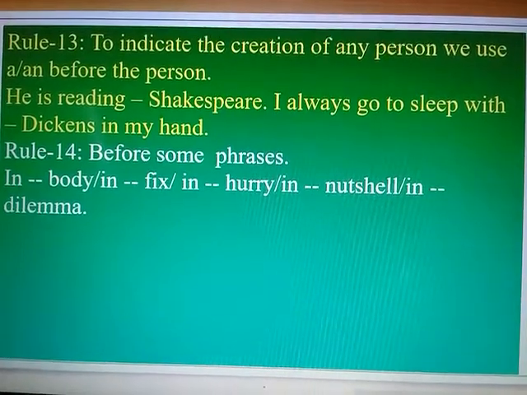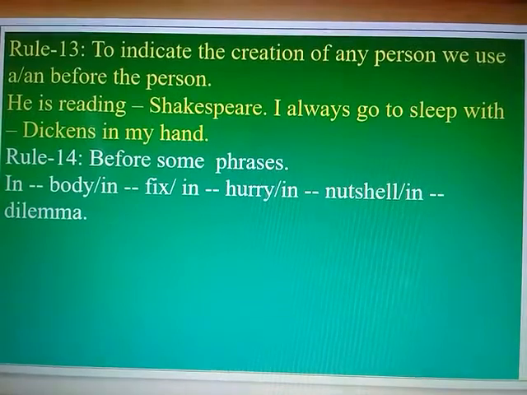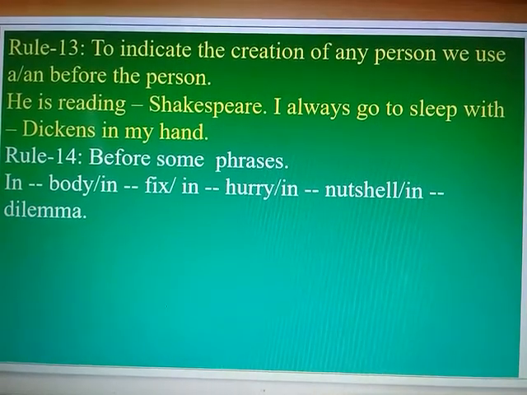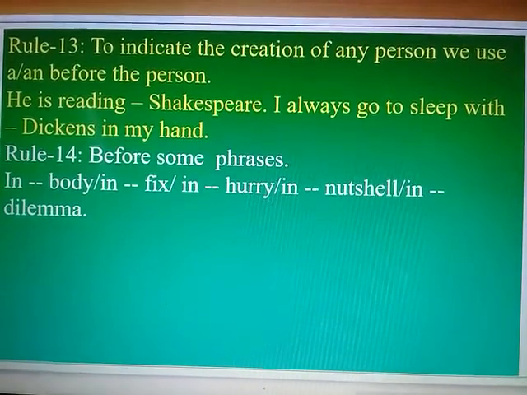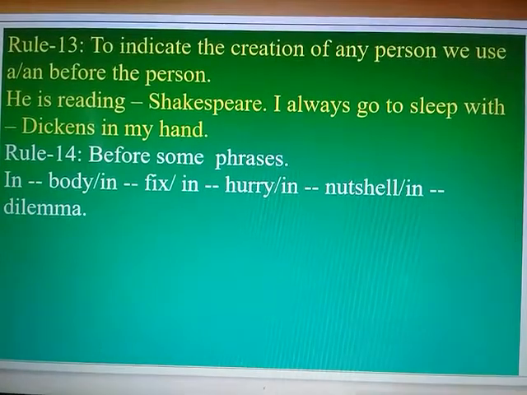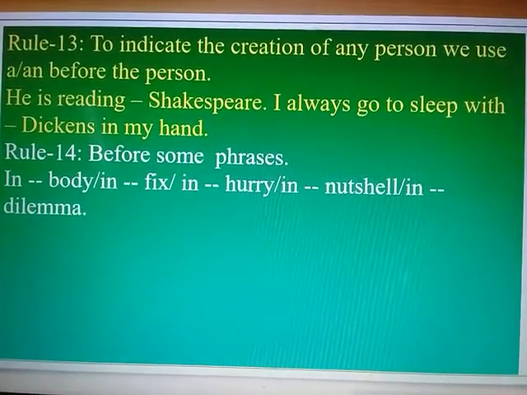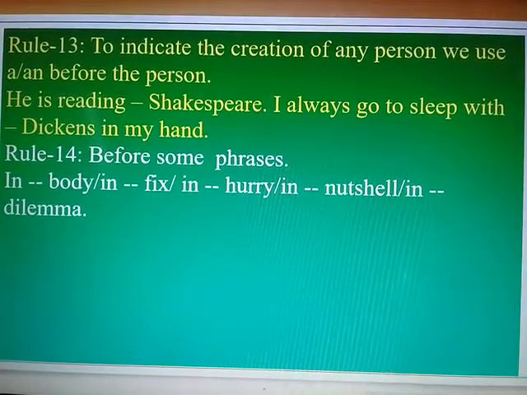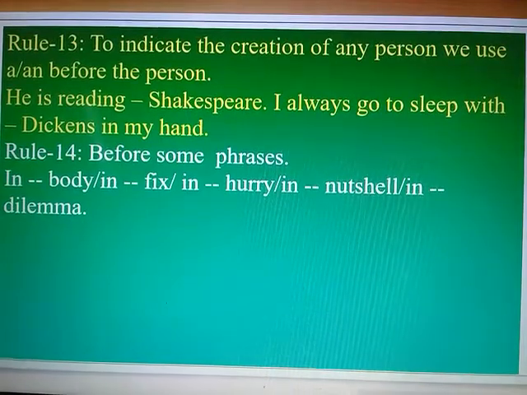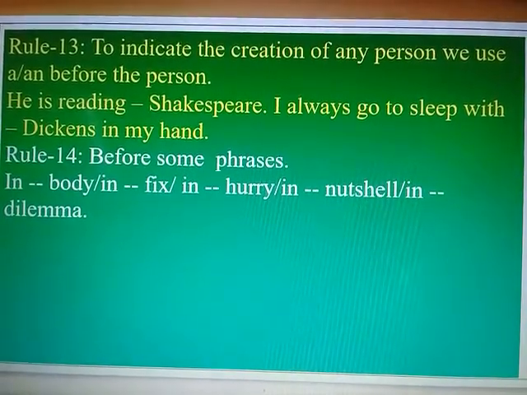In a body, meaning together. In a fix, meaning to fall into trouble. In a hurry, meaning in haste. In a nutshell, meaning in brief. In a dilemma, meaning caught in a difficult choice. So we use a in these phrases as a part of the phrase.